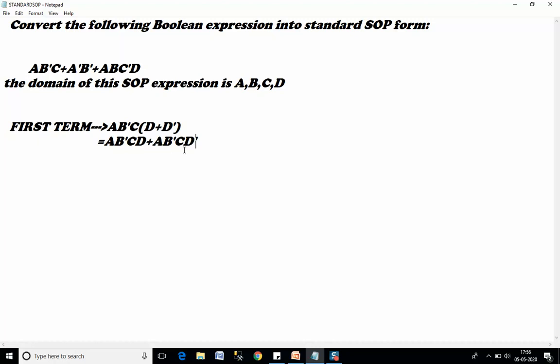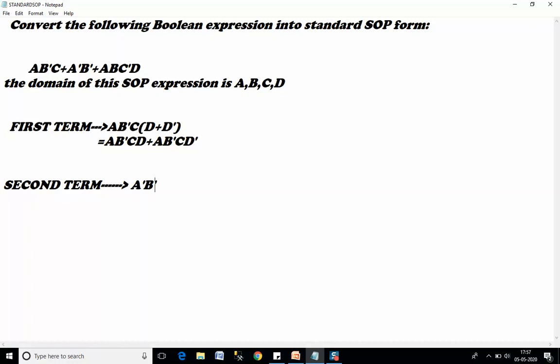Now I have done this for the first term, but if you see my second term, it is A complement B complement. So how am I going to convert it into the standard form, as C is missing in this term and D is also missing?